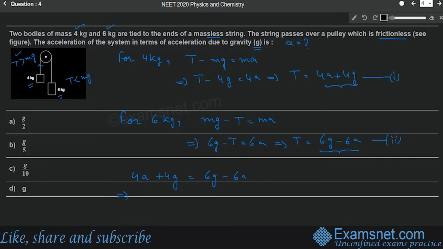So 4a plus 6a will be equal to 6g minus 4g, right? So 4 plus 6, 10. So 10a equals 2g. Now we have to find the value of a in terms of g, right? So a will be equal to 2g by 10. That means g by 5, right? So out of the given options, which one will be correct? Option B will be the correct answer.